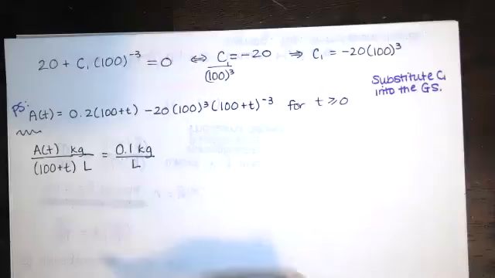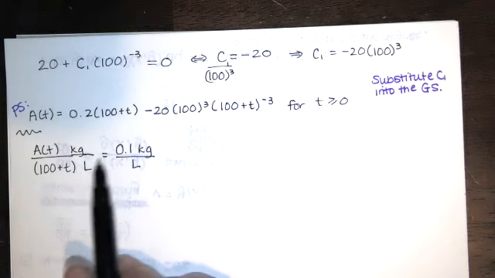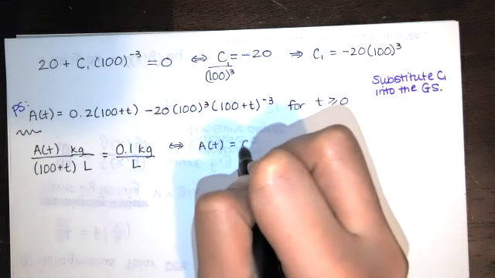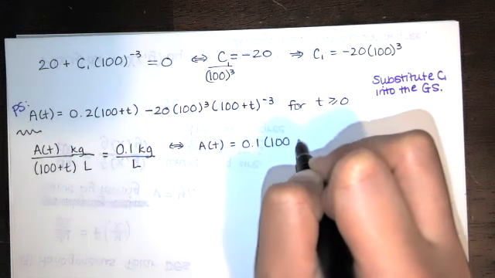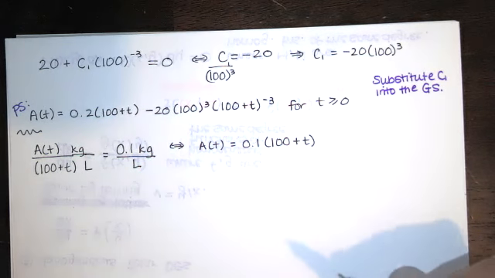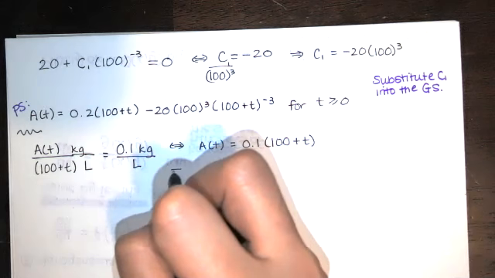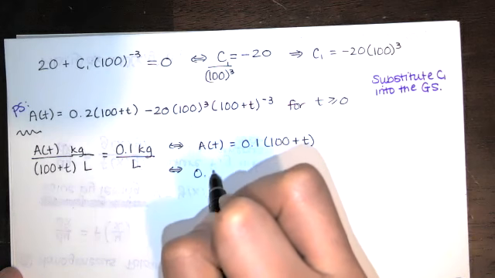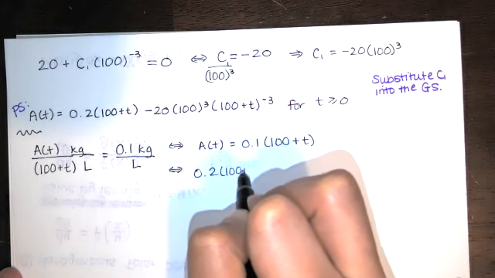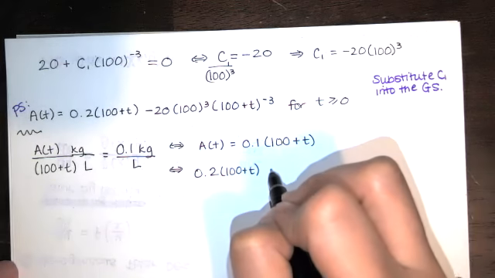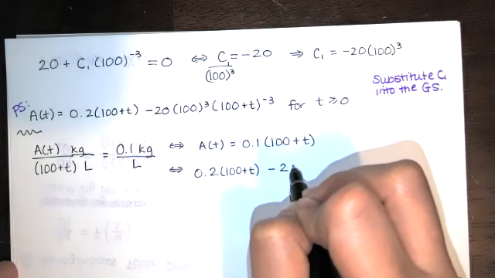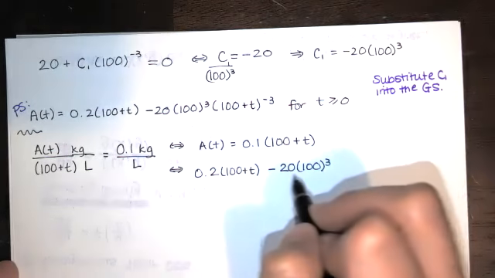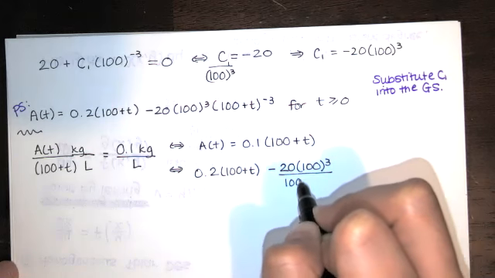Well, that's easy enough to solve. It's just an algebra problem. So you're going to cross multiply. You have A of T equals 0.1 times 100 plus T. And A of T turned out to be this expression, 0.2 times 100 plus T minus 20 times 100 cubed, and that's a 100 plus T cubed in the denominator.